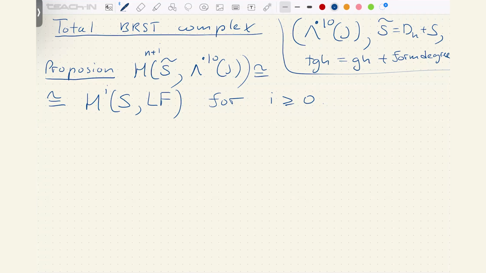And this cohomology, at least in certain Gauss degrees, is isomorphic to the local BRST cohomology, which is difficult to compute. Of course, it does not solve the problem immediately, but it's a first step of simplifying the problem of computing local BRST cohomology.